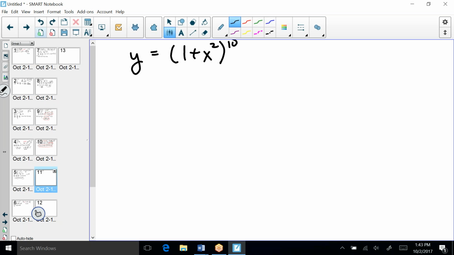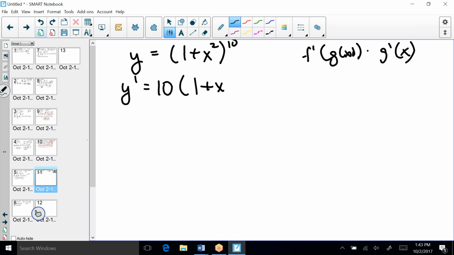If we want to find that derivative using our functional notation, remember f prime of g of x times g prime of x, so derivative of the outside. If we're finding y prime, we bring this 10 to the front, and it's going to be 10 times the inside. The inside is going to be 1 plus x squared.